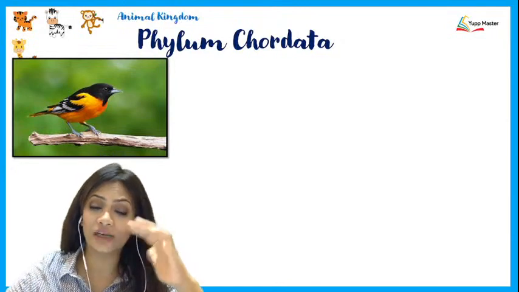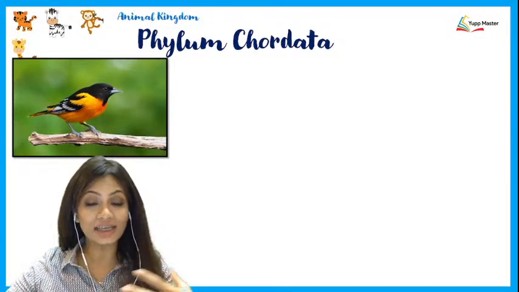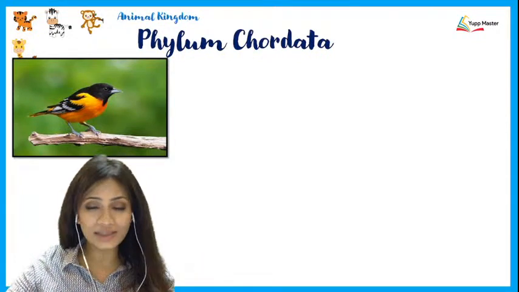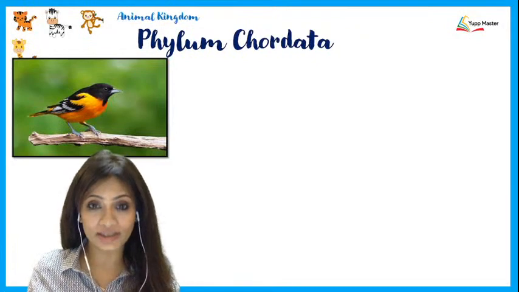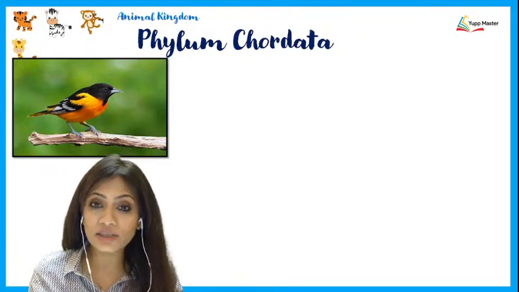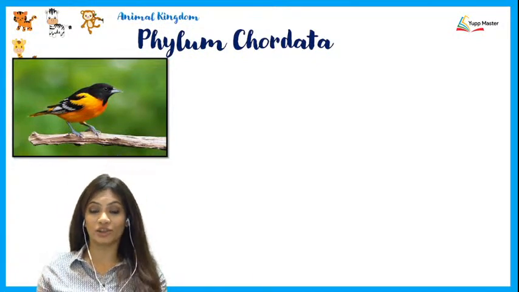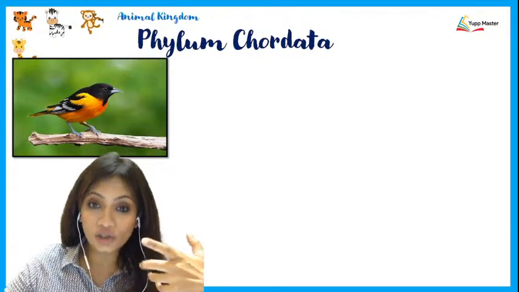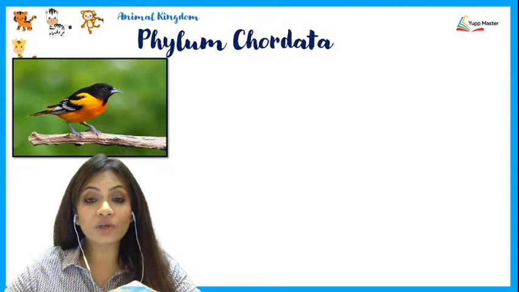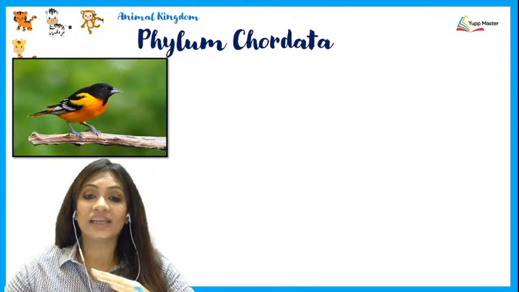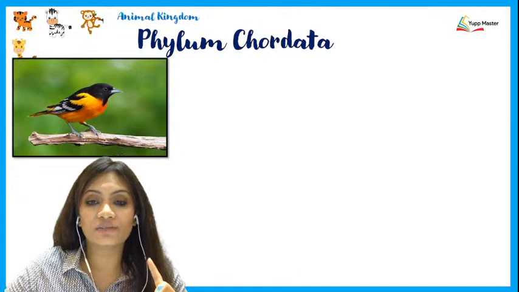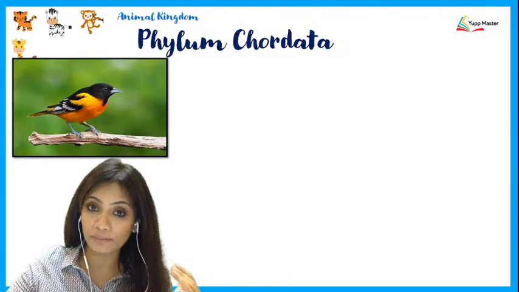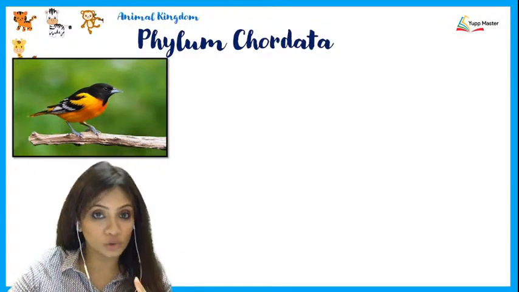When we talk about phylum Chordata, chordates include us as well. Mammals, the birds around you, the reptiles around you, all of these are called chordates. Now, why are they called chordates? Just remember, when we began with the non-chordates, they were called non-chordates because they did not have a very important structure, which is developed right from the embryo, called the notochord.